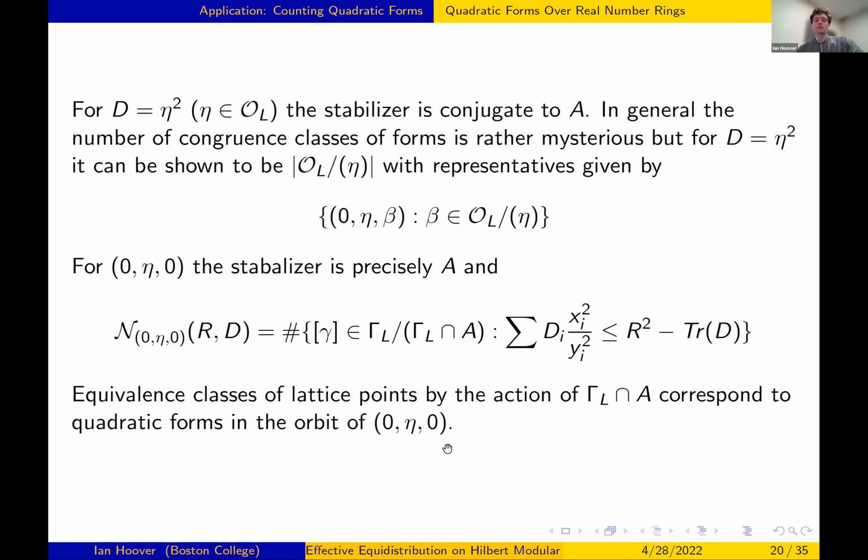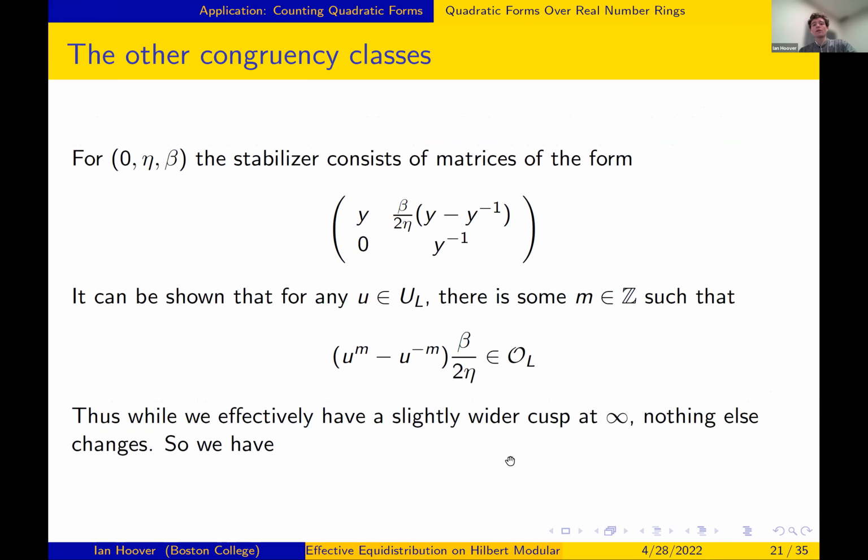Essentially the equidistribution result I showed at the beginning gives us, somewhat for free, a count of the number of forms in the orbit of this specific form. For the other congruency classes, it turns out the picture is basically the same. The stabilizer is no longer specifically the diagonal group.